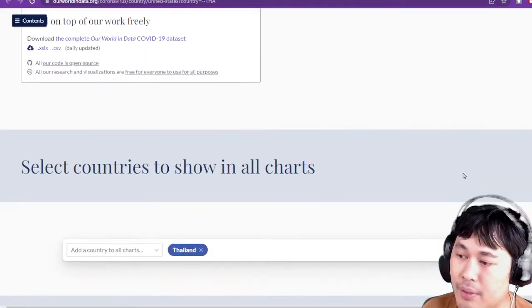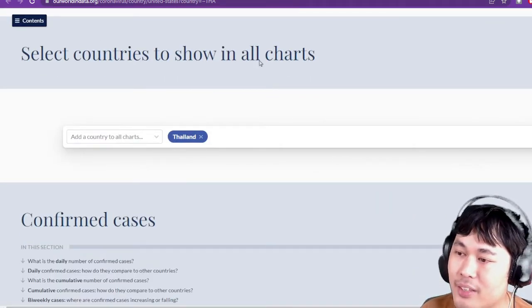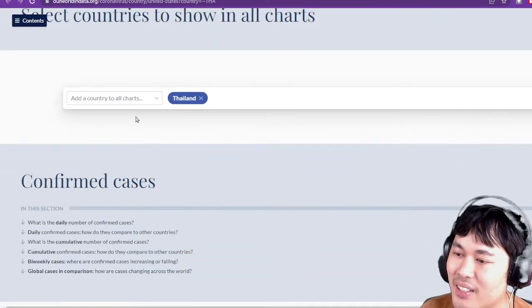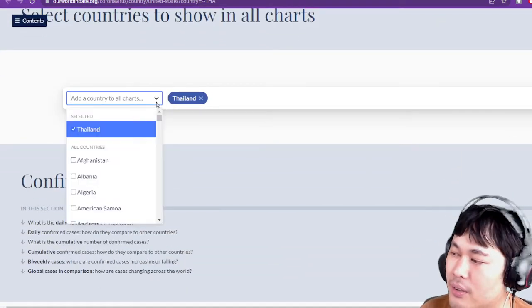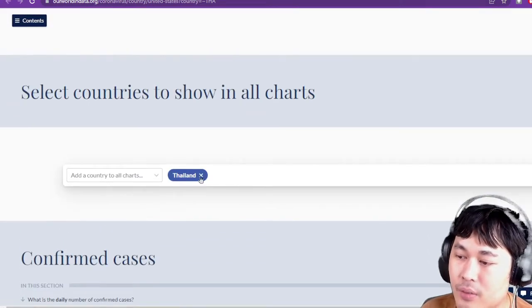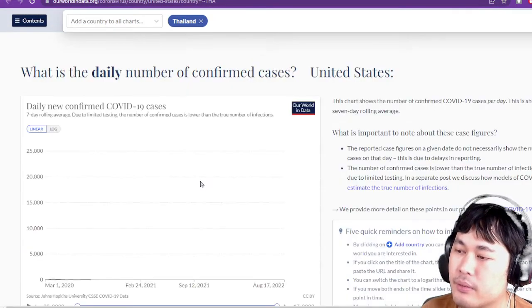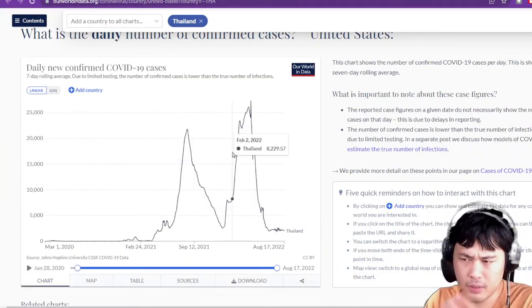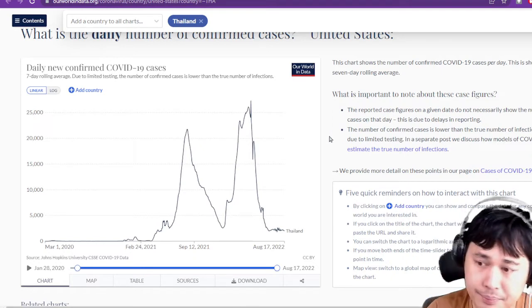If you go to that website, they have the countries to show in all charts. It's the US, but they also collect all sorts of information from across the globe. So we pick Thailand, and that's a chart from Thailand.